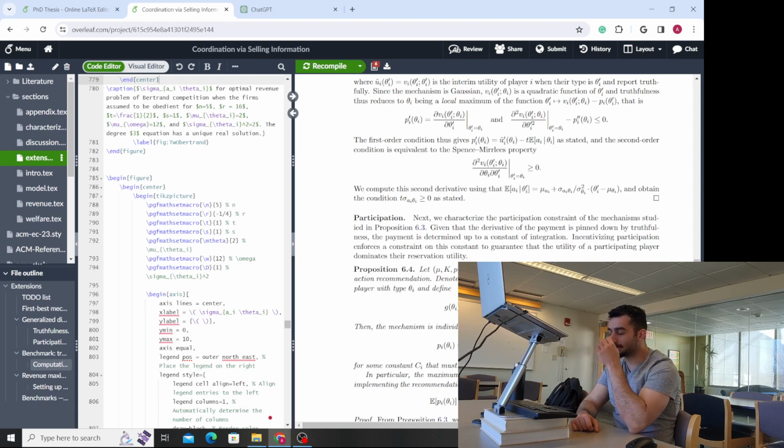So, okay, participation constraint matters to me. I want participation constraint so people in their outside option should act the same way that they are playing in the main path, right?